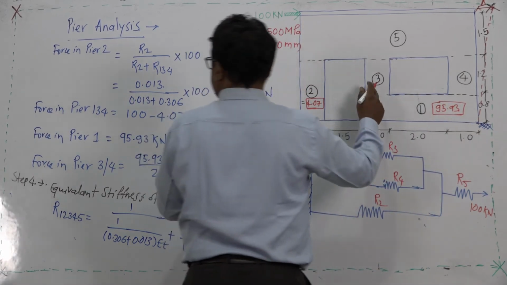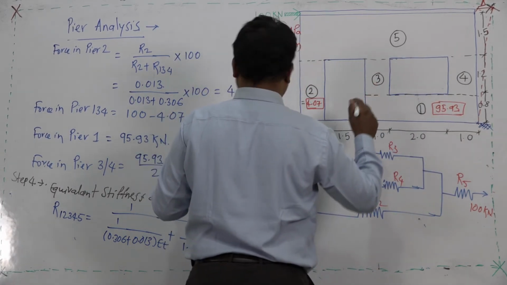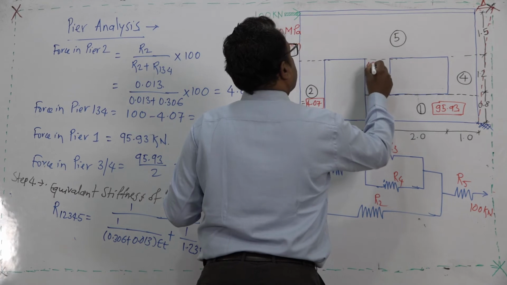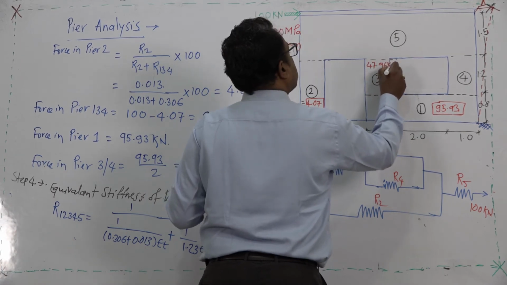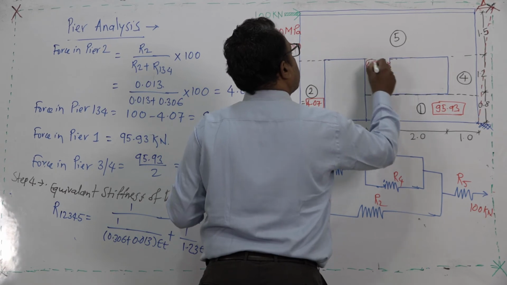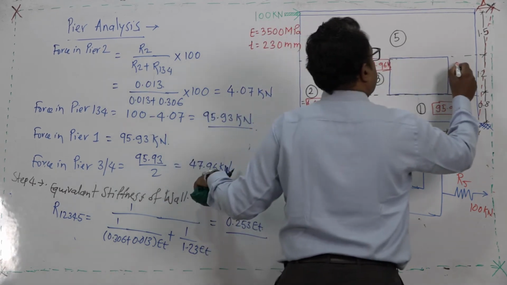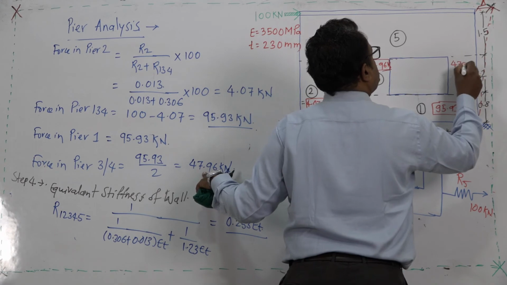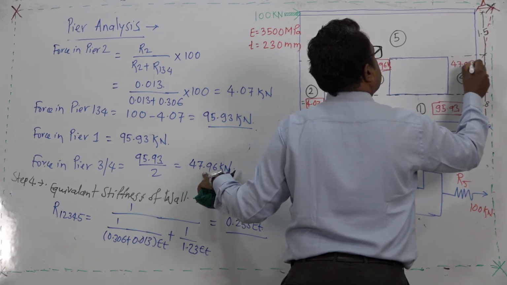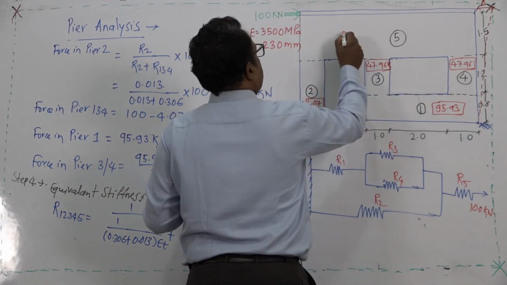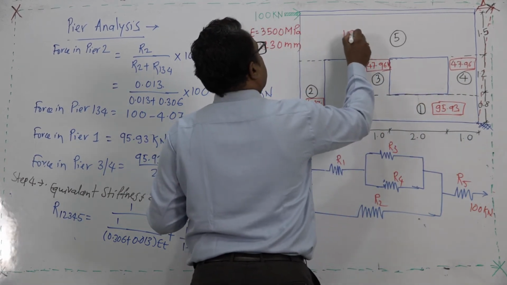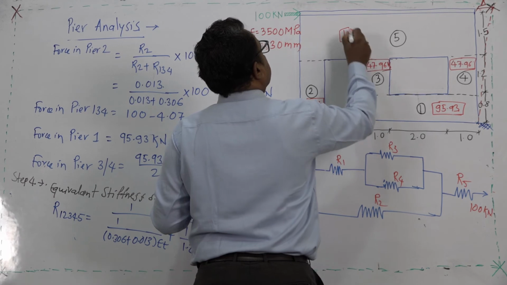In wall number 3 we have 47.96 kilonewton, 47.96 kilonewton is again the same value, and here it will be the 100 kilonewton.